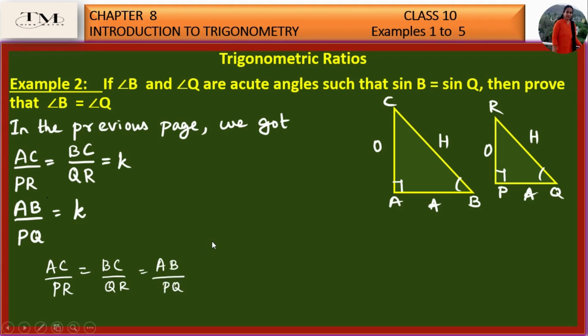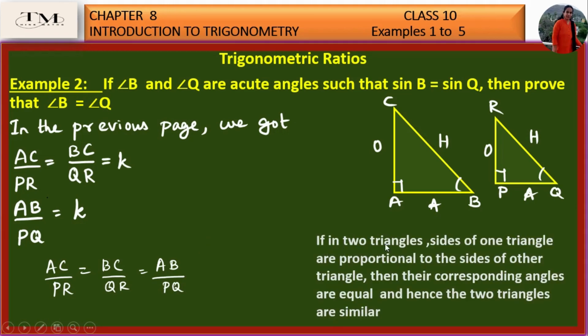We know that in similar triangles, if in two triangles the sides of one triangle are proportional to the sides of the other triangle, then their corresponding angles are equal and hence the two triangles are similar. This is nothing but SSS criteria, which we studied in the previous chapter 6 on triangles.